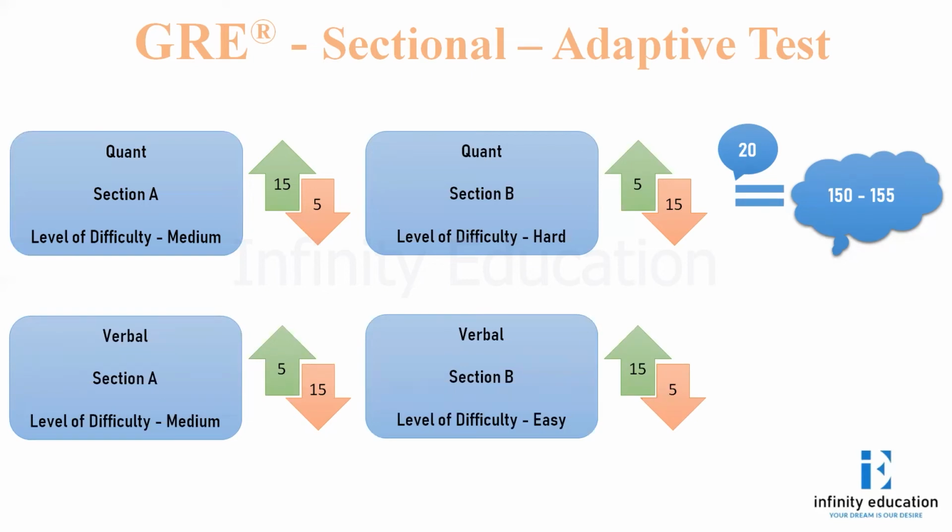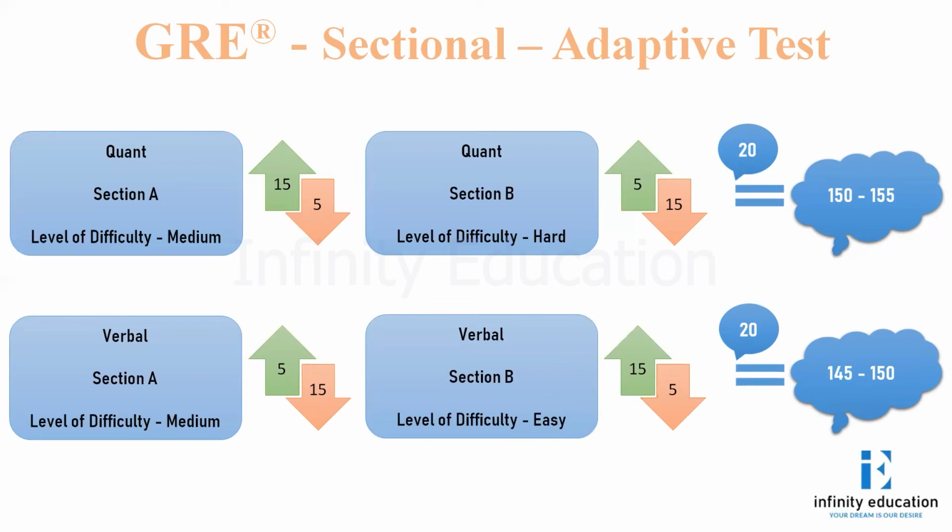Now, on the basis of this performance, the student got a total of, again, 20 correct answers in the verbal section as well. Now, with these 20 correct answers, the student is eligible for a score of 145 to 150. Okay, so this is what we talk about as the sectional adaptive part. It doesn't always matter how many correct answers we have got.